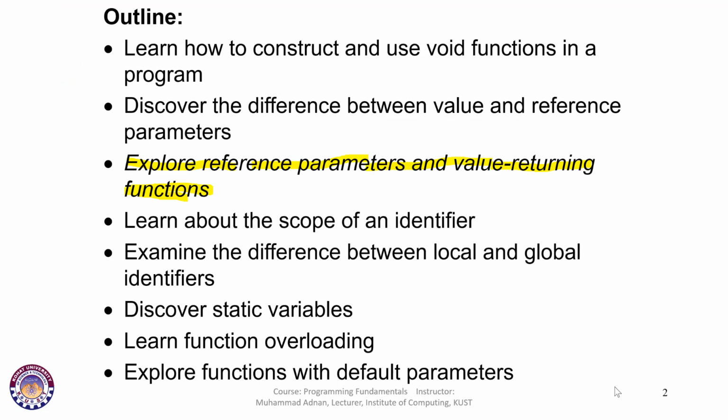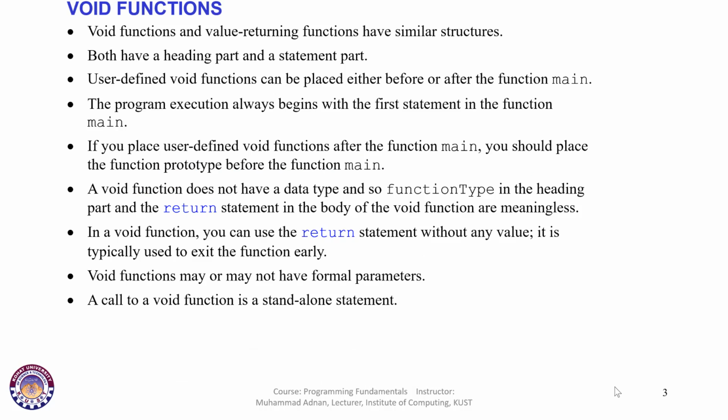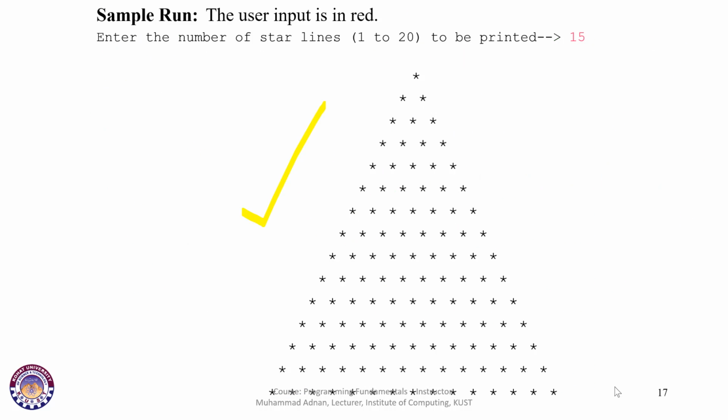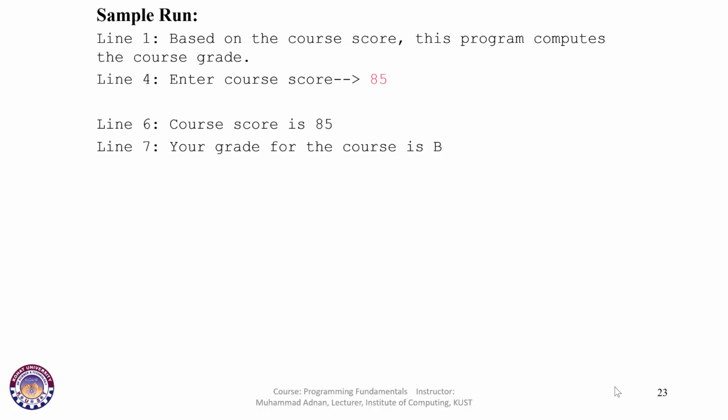In the previous lecture, or part 1 of the reference parameter lecture, we were exploring the reference parameter and the value returning function. Today we are going to continue discussing the difference between reference and value parameters. With that, I'm going to jump straight to the slide.